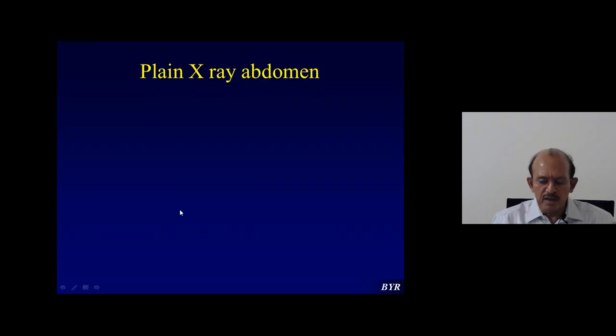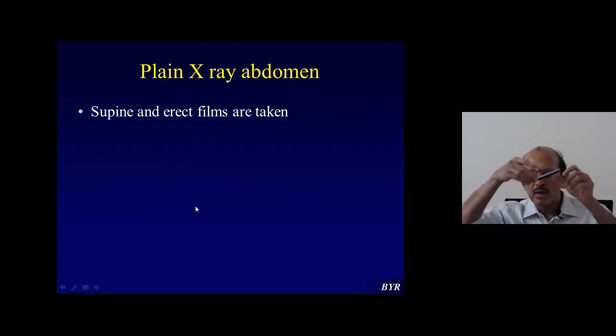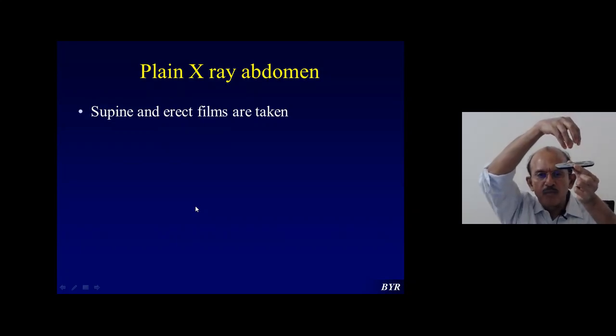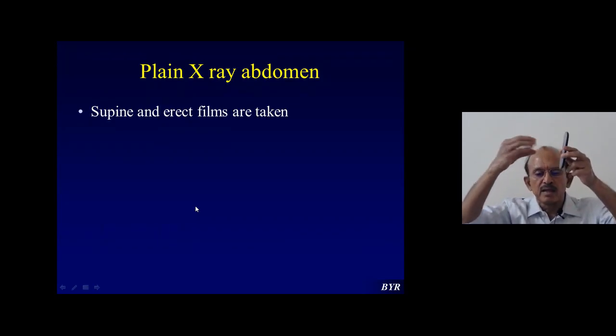Now I am going into the details of the investigations. Plain X-ray abdomen, you have to take the films in supine and erect posture. Supine means you keep the patient flat, with the X-ray tube from the top. So the patient is lying flat, this is supine. Erect means the patient will be like this and the X-ray tube will be like this.